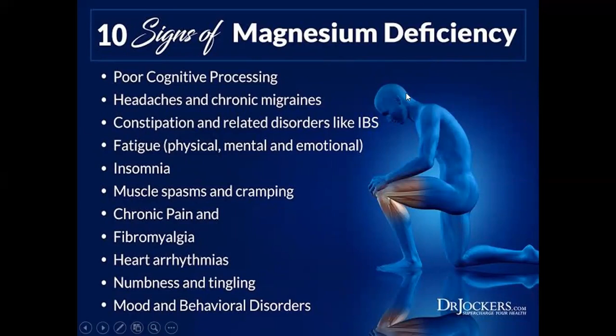If there is a magnesium deficiency, you get poor cognitive process, headache and chronic migraine, severe headaches, constipation and related disorders like IBS, fatigue, physical, mental and emotional weakness, insomnia, muscle spasms and cramping, pains in the muscle, chronic pain and fibromyalgia, heart arrhythmias and numbness, tingling, and mood and behavior disorders.